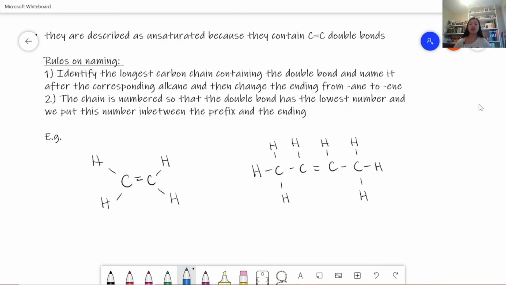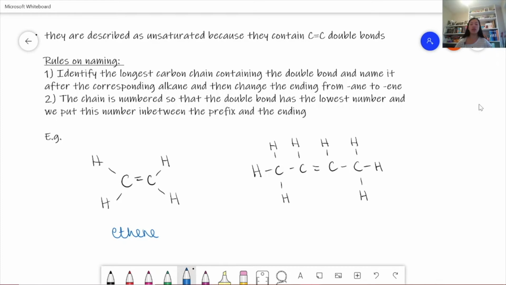And actually, we can just call this ethene because we don't need to put a 1 in, because it can either be 1 or 2, but it needs to be the lowest number, so we put it as 1. But we don't need to put eth-1-ene because that's the only place it can be. So if someone told you ethene, this is what you would write down. You don't need to be told where the carbon-carbon double bond is, because there's only 2 carbons. And so that's why we don't actually need a number for this one.